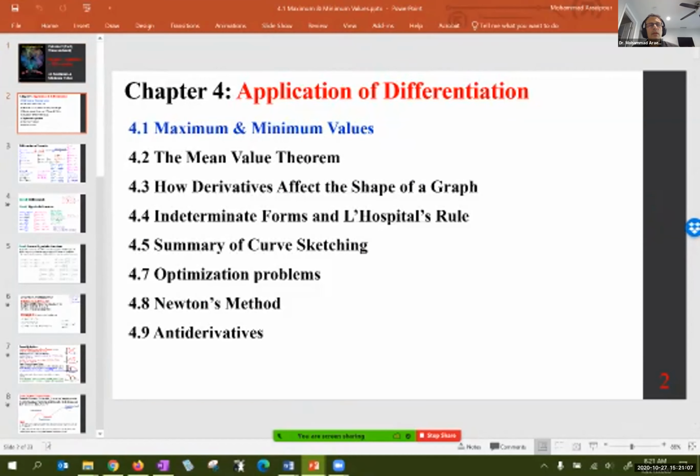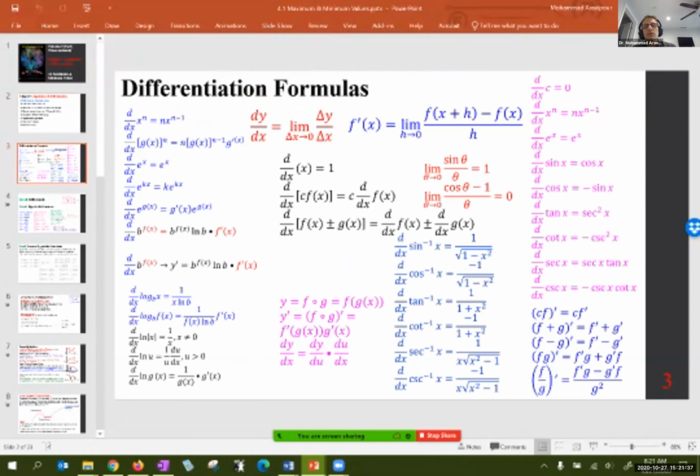In this chapter, we cover max and min, the mean value theorem, how derivatives affect the shape of a graph, indeterminate forms and L'Hopital's rule, summary of curve sketching, optimization problems, Newton's method, antiderivatives, or integration.